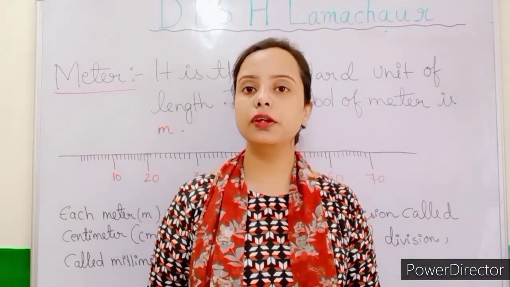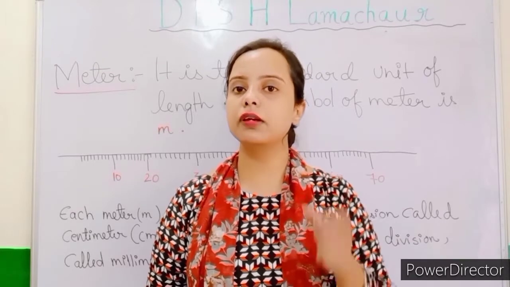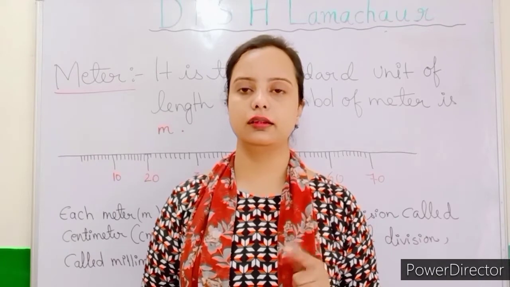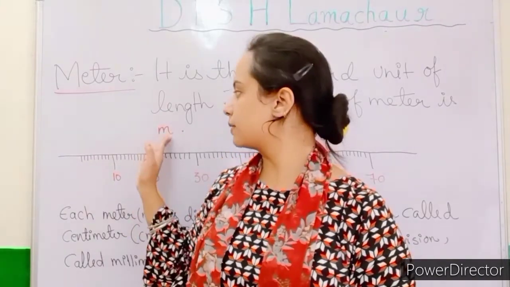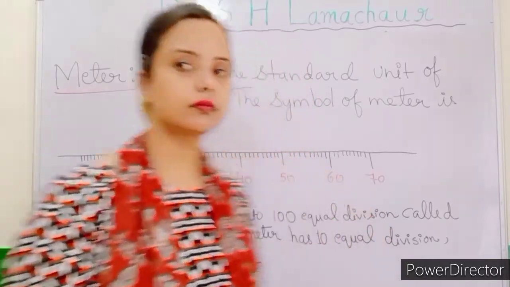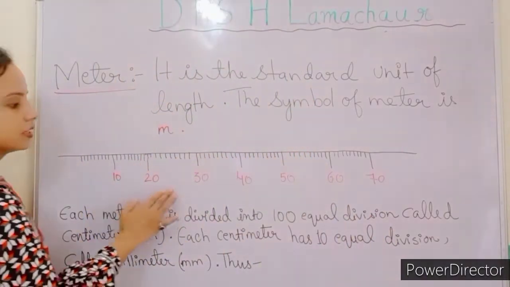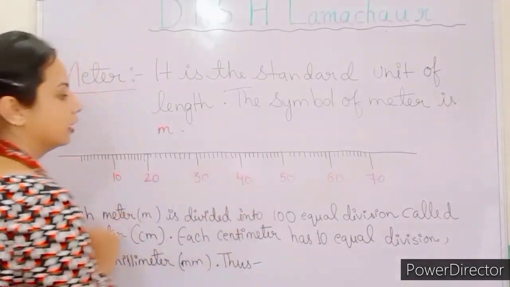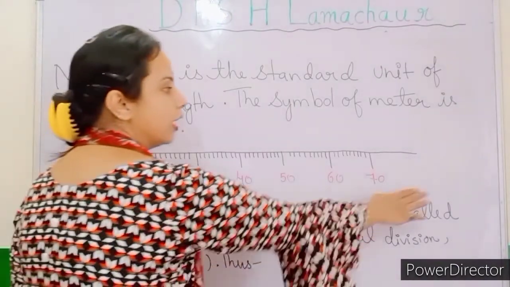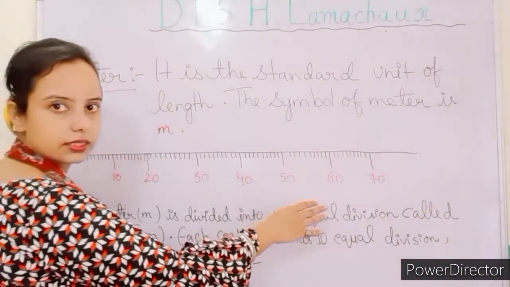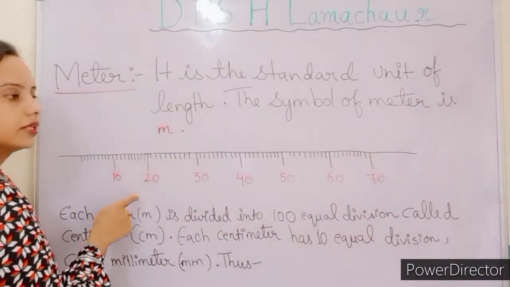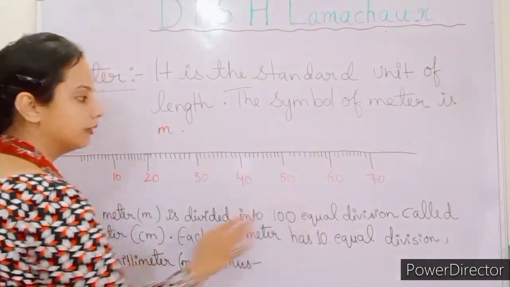Students, to write the unit of any measurement, we write the symbol in a small letter only. Here the small m indicates the unit of the meter. Now you can see here a meter scale. I have shown it up to 17, but the length of this scale goes up to 100 meters.